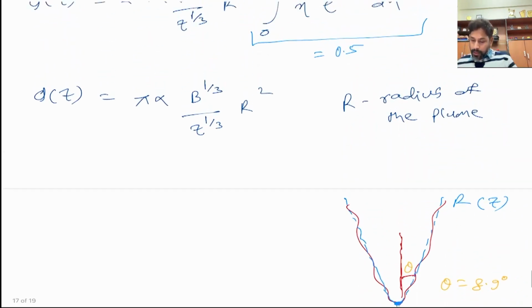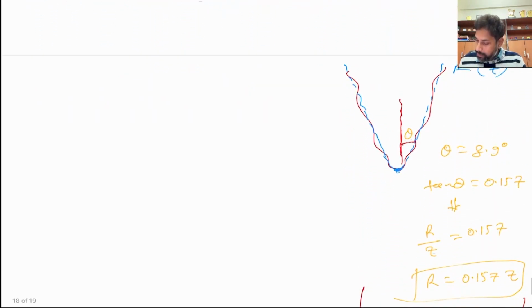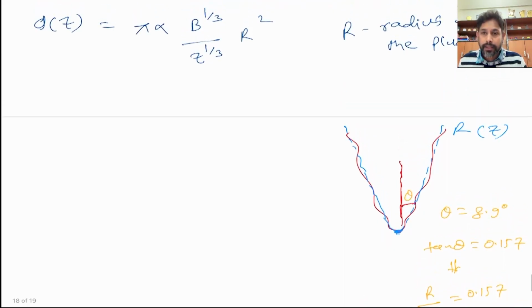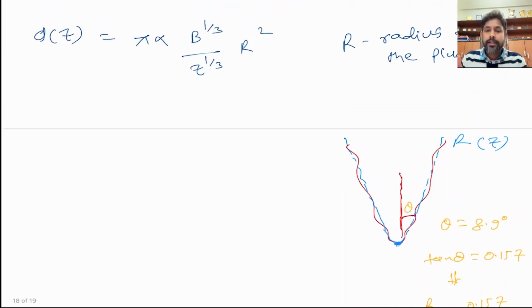All right, so we now know r as a function of z, and we are considering this radius based on experimental parameters where we define a threshold, and beyond the threshold we assume that that's ambient, and within the threshold that is the plume.